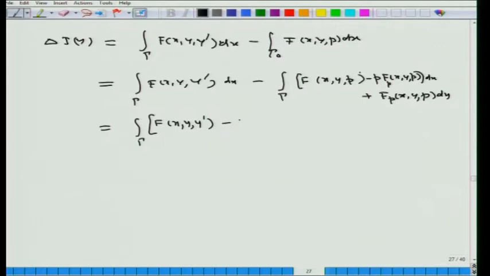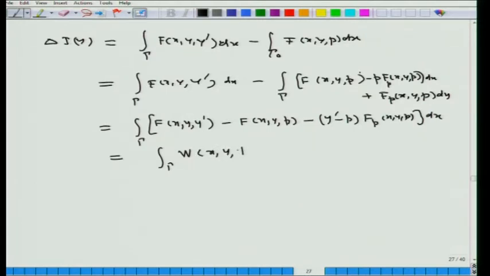So, we get this f(x, y, p) minus this y prime, minus minus will make it plus, so minus of this f_p(x, y, p) dx. So, this is what is our Weierstrass function W(x, y, y', p) dx.